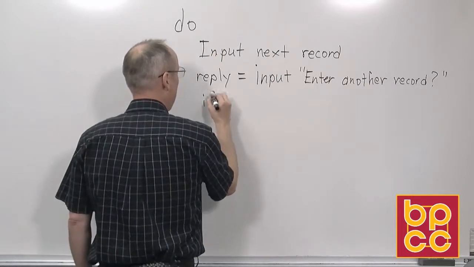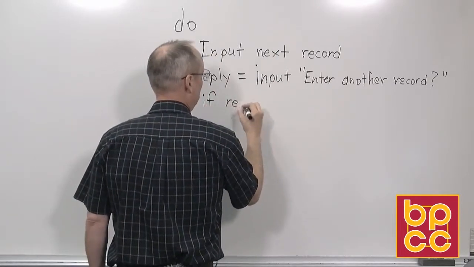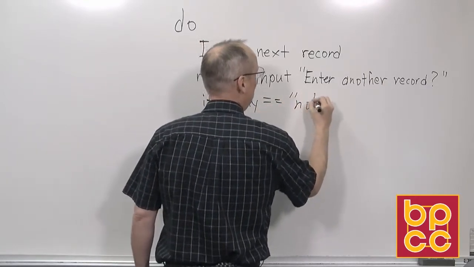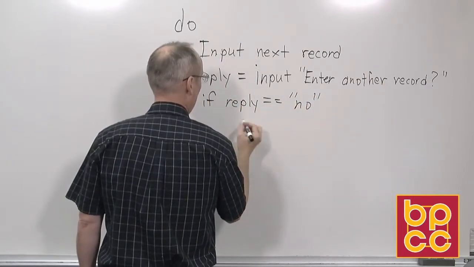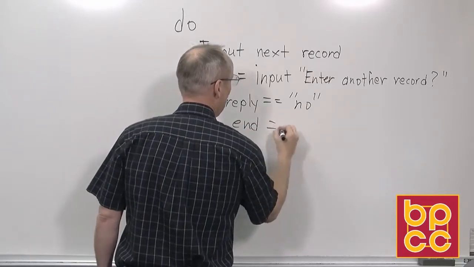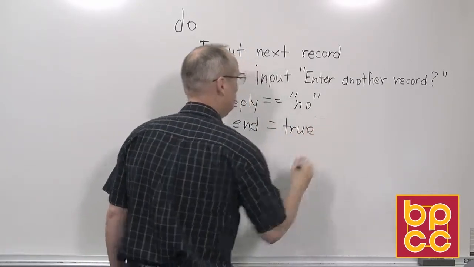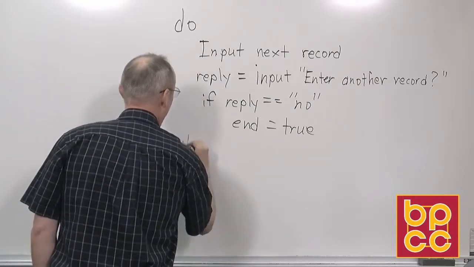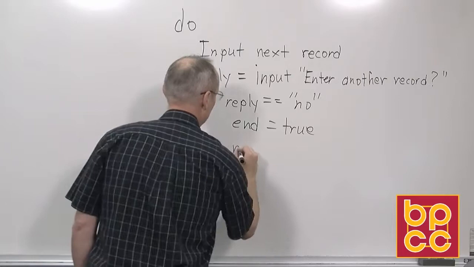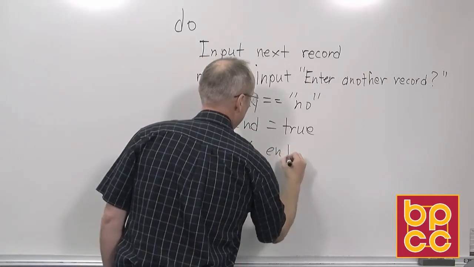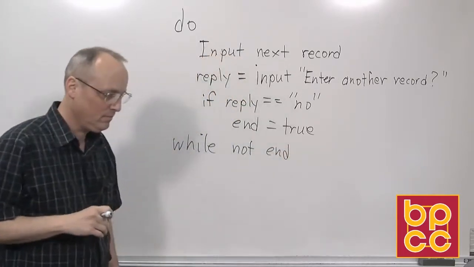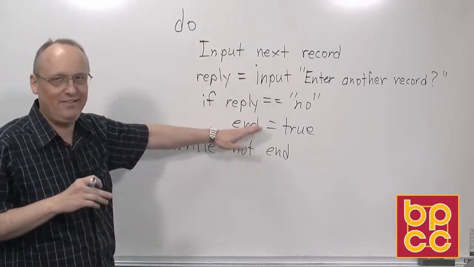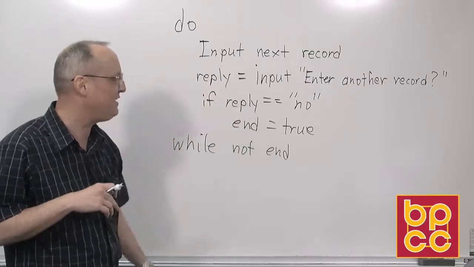And then if reply equals no, then we will say end equals true. Then at the end of this, we will have a while not end. Now here, you'll notice most of the code here is identically the same as my previous example.